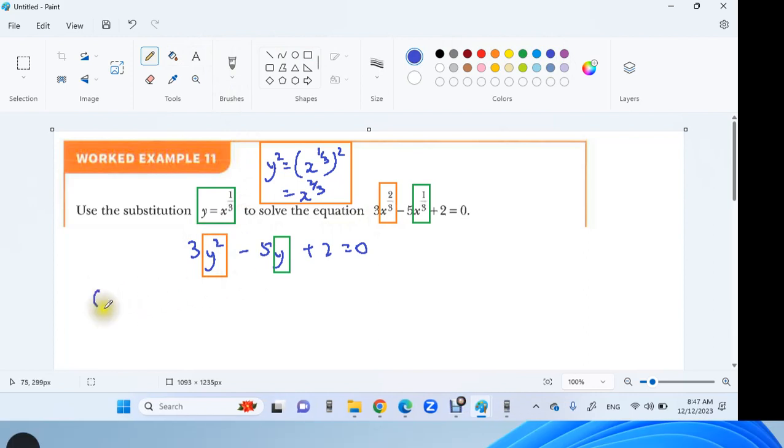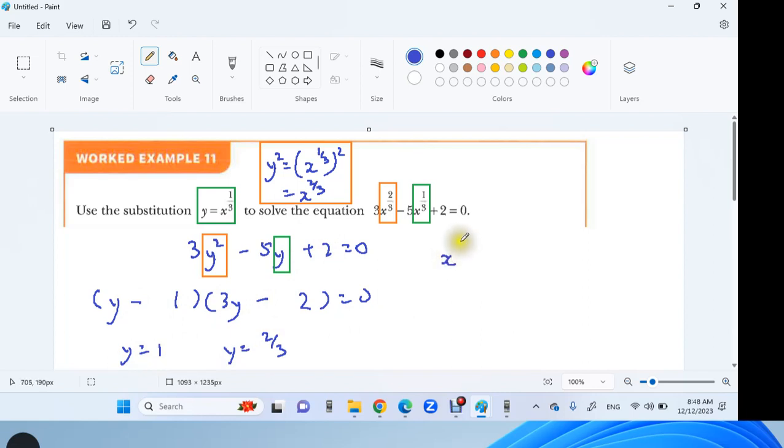For this one, we do the factorization. We have y and 3y, 2 and 1. No, this should be here, 1 and 2. So negative, negative. So y equal to 1, y equal to 2 over 3.